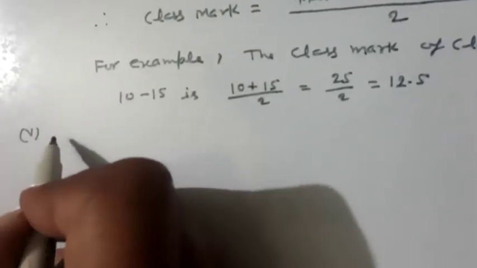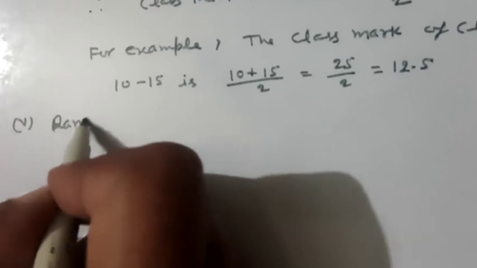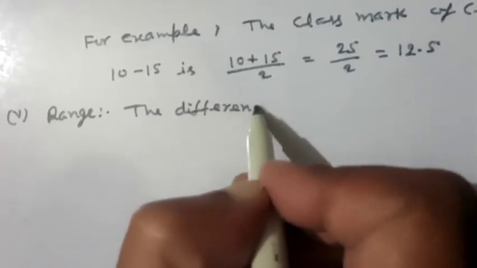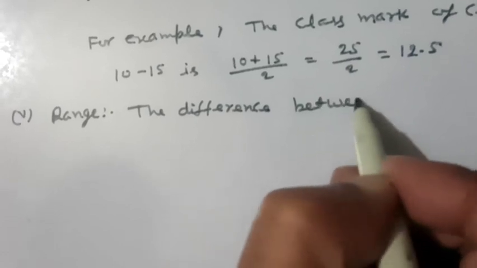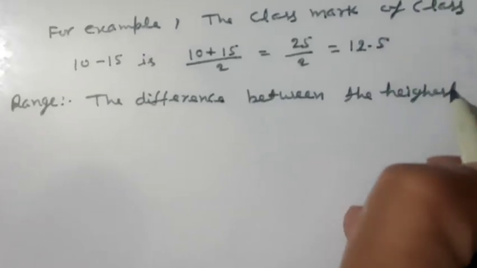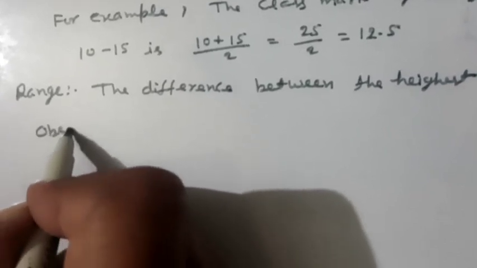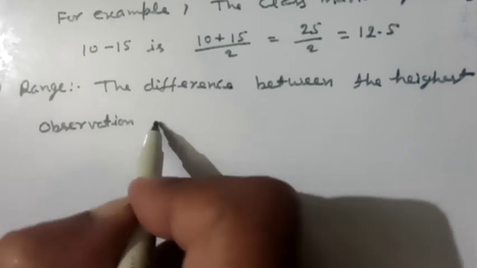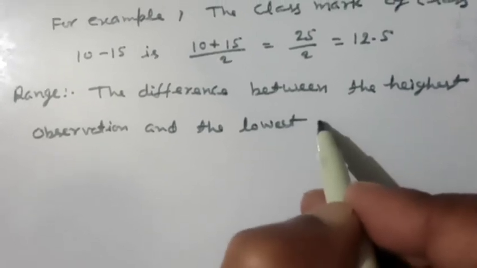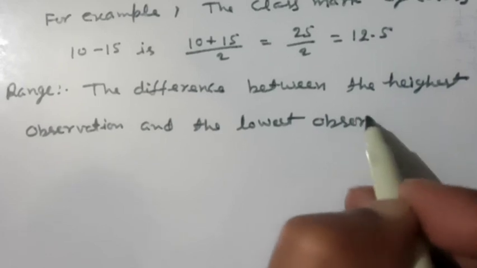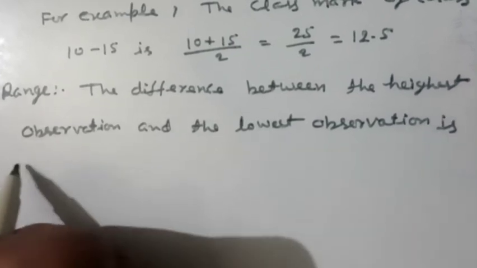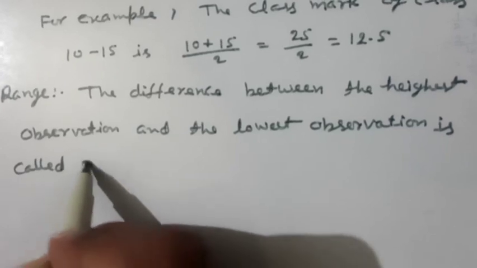Number 5, range. The difference between the highest observation and the lowest observation is called range.